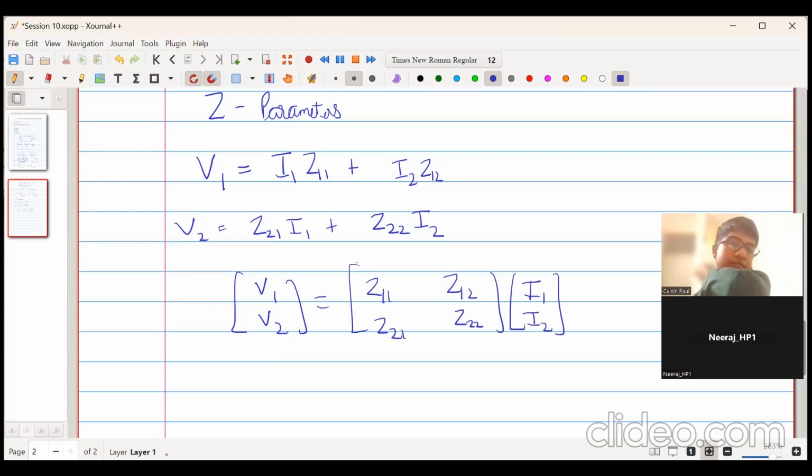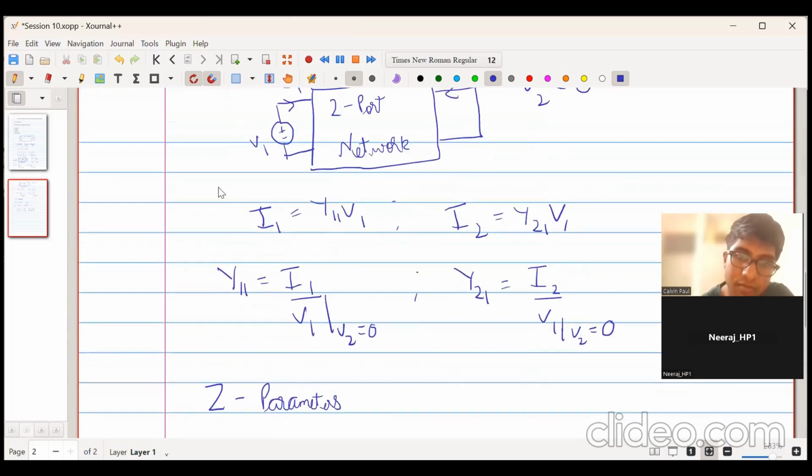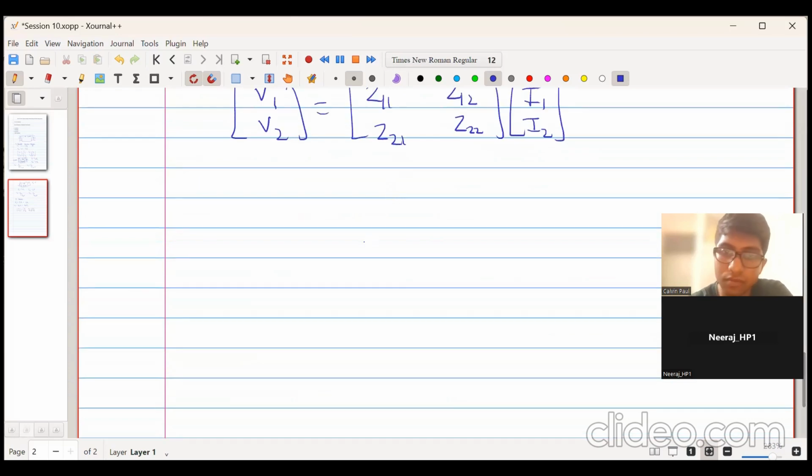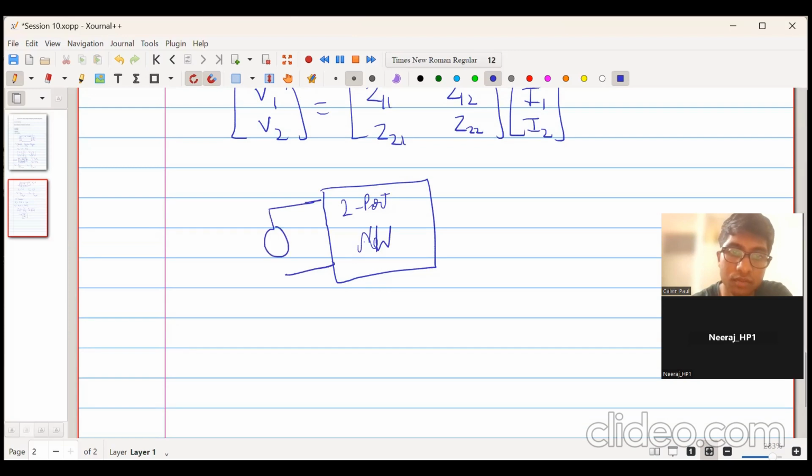Right? So if you try to understand, it's the same two-port network, okay? There is this assumed two-port network, with this voltage source plus minus V1, I1 flowing in.